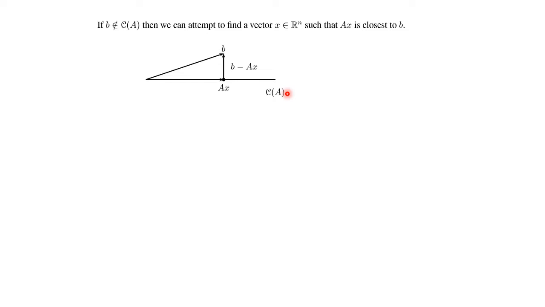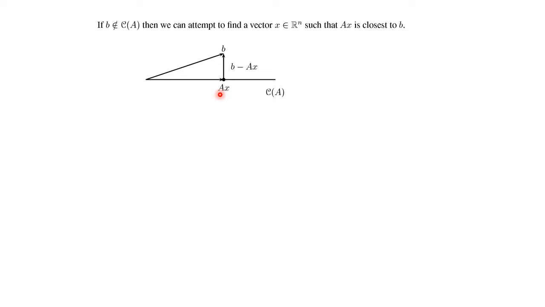But say this is the column space of A, just represented here artistically, a line. Then in this column space is all the linear combinations of the columns of A. And we're looking for this particular combination of the columns of A, which is then AX, which is as close as possible to B.